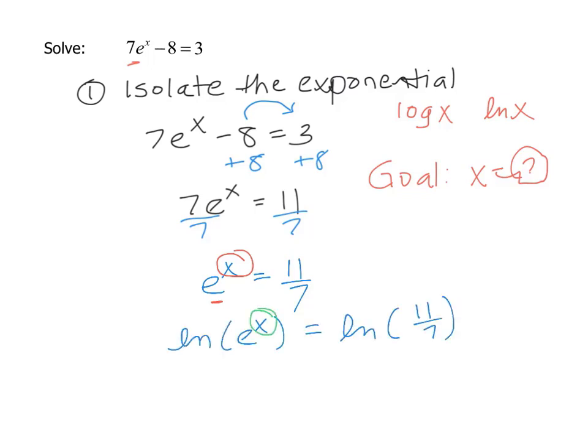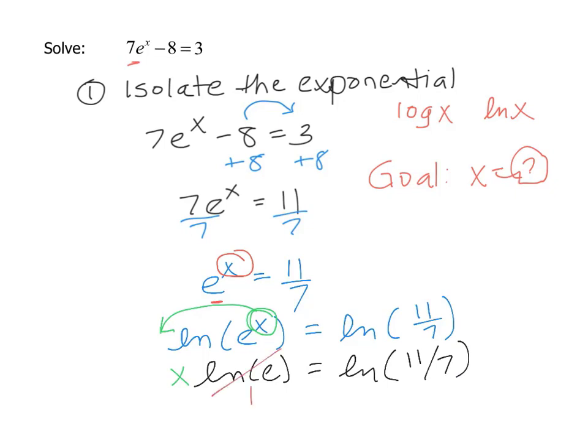This exponent can come down in front, so I have x times natural log of e equals natural log of 11/7. And remember, natural log of e is just 1. So our solution is x equals the natural log of 11/7.